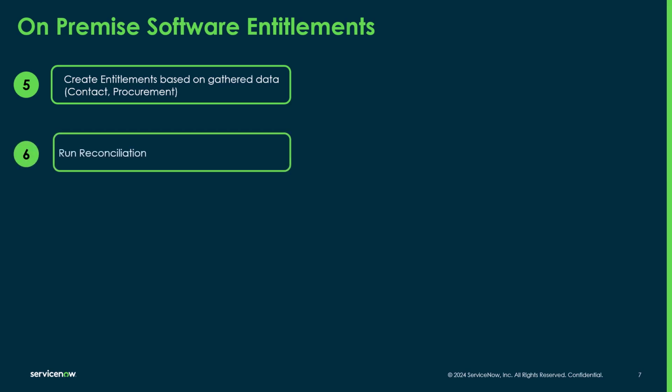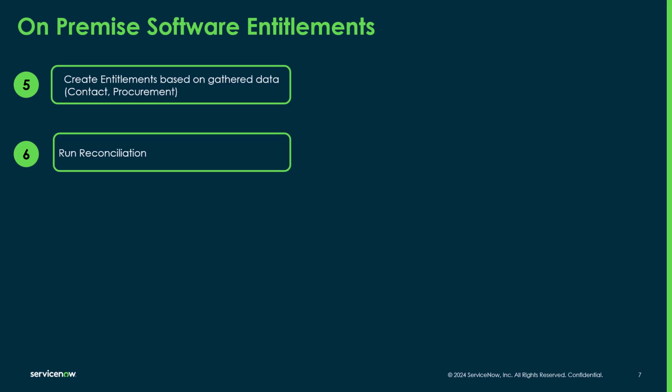Once all the entitlement information has been created, you're going to want to perform a reconciliation. Run an individual publisher reconciliation just to see what happened with all this entitlement information I have entered in the system.